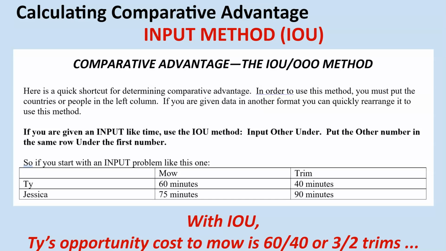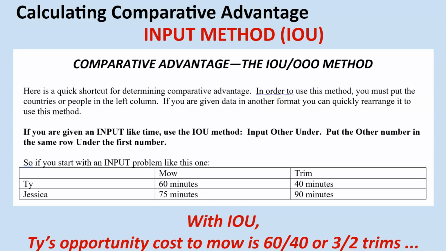And what this means is the opportunity cost of Ty mowing a lawn is costing him 1.5 trims. And so unless Jessica's is greater than that, it's probably going to be in his best interest to trim lawns, because he's giving up a lot of trimming in order to mow that lawn.